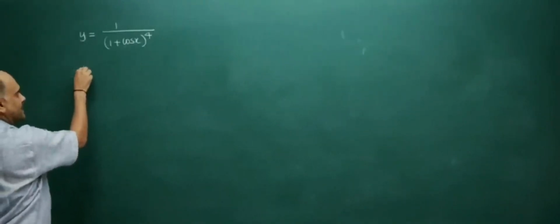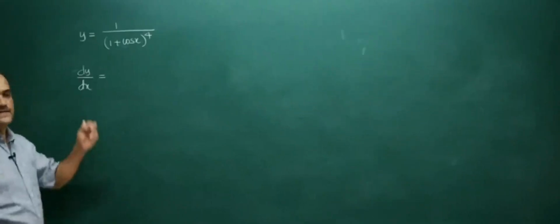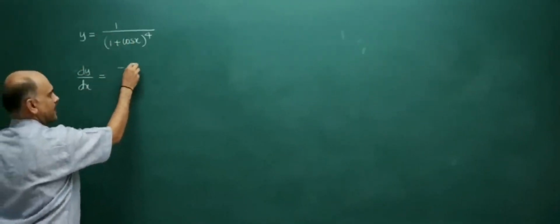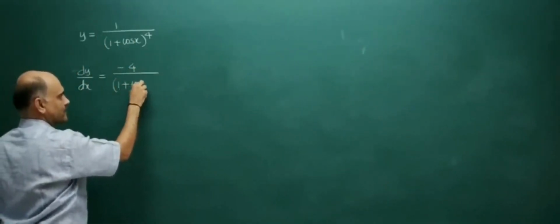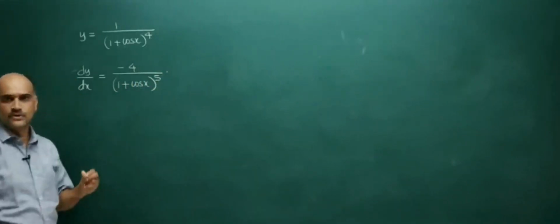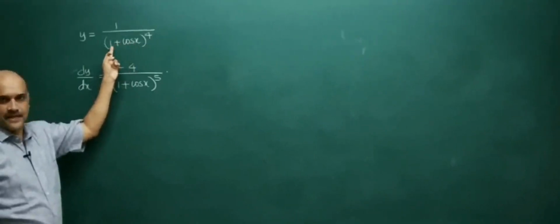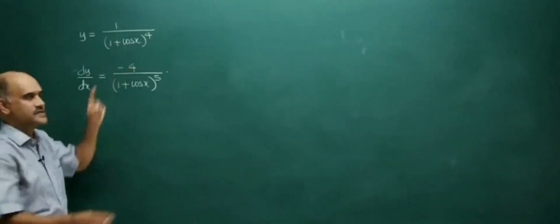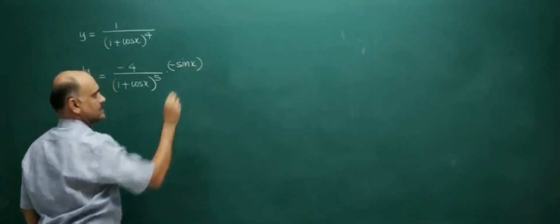So dy by dx is equal to minus n by x raised to n plus 1, that is minus 4 by (1 plus cos x) bracket raised to 5, into, again by chain rule, you differentiate this bracket. Differentiation of 1 is 0. Differentiation of cos x is minus sin x.